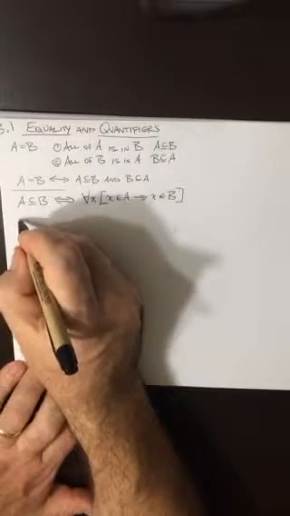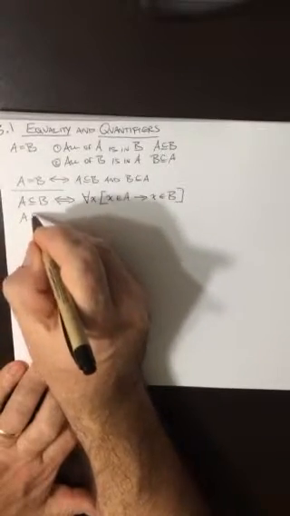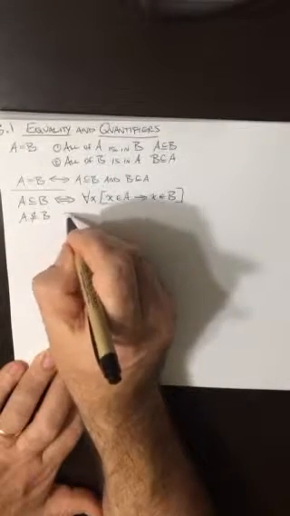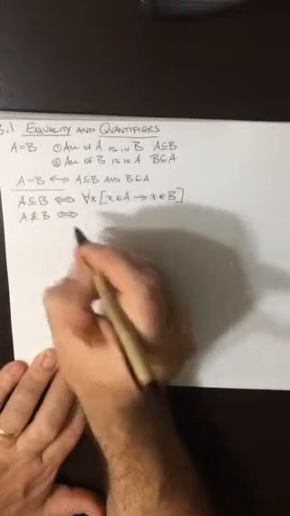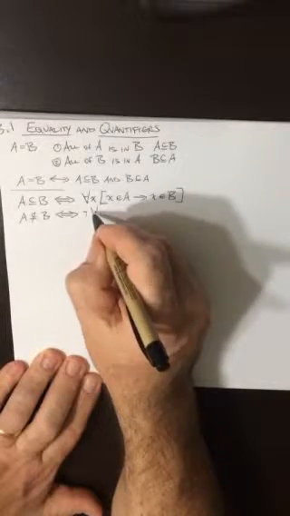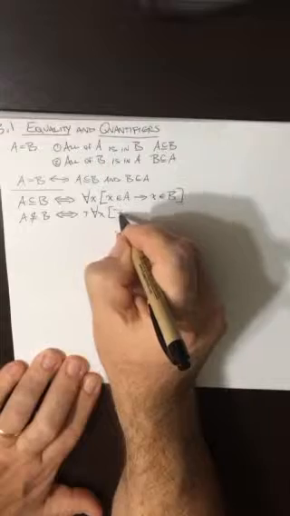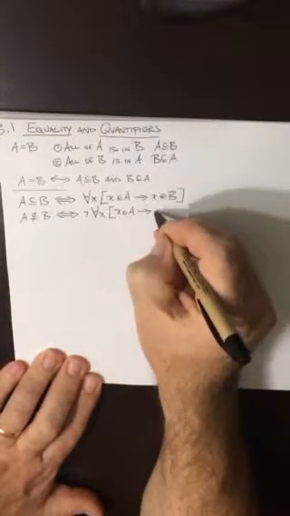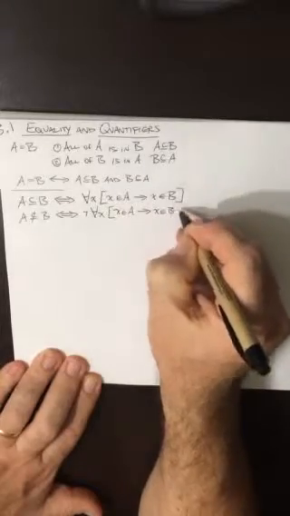So what would it mean to say that A is not a subset of B? Well, that's just negating the statement where it is not the case that for all x, if x is an element of A, then x is an element of B.